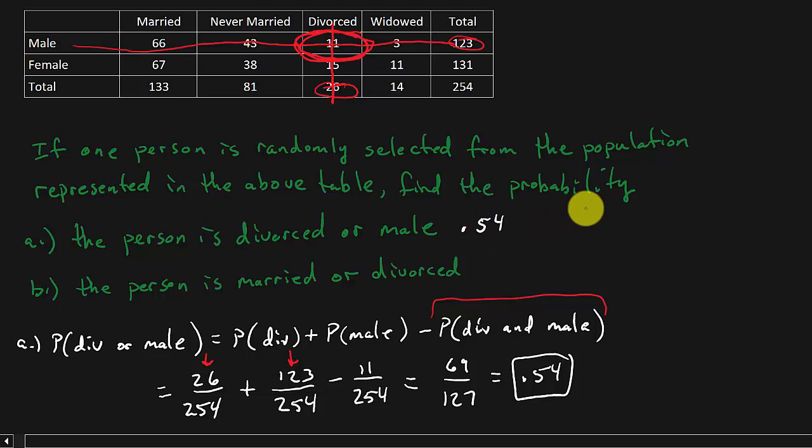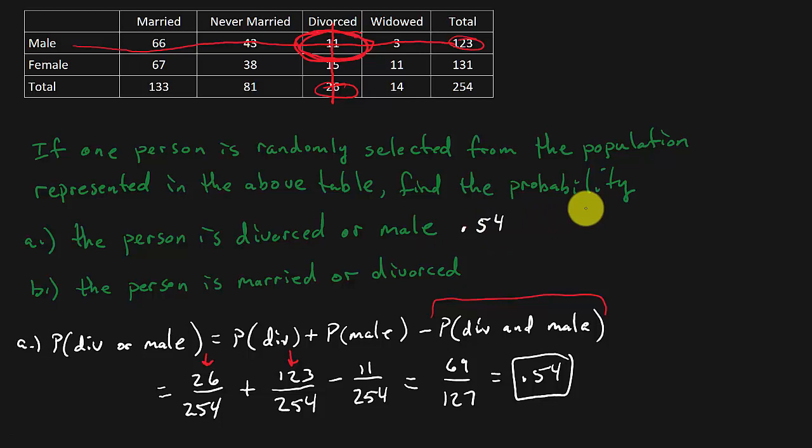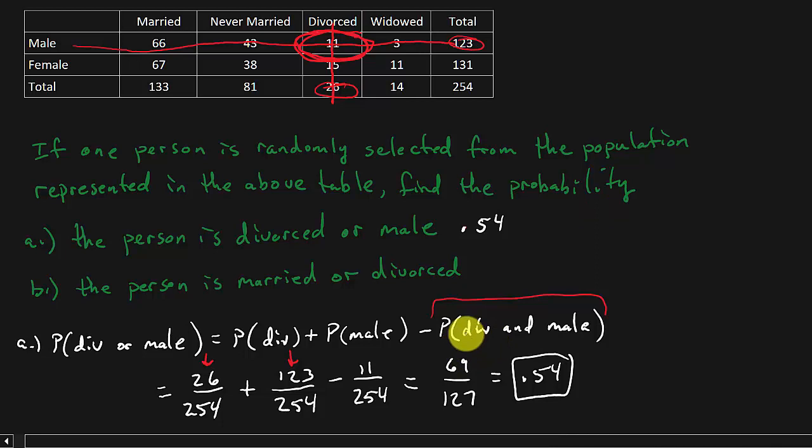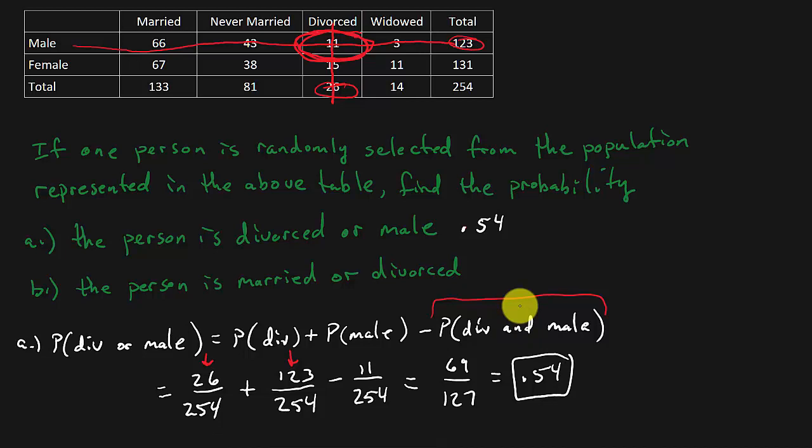So now, how do you know when to put this and when not to put it? Well, as far as putting the and in there, you can put it in there every time. You cannot go wrong putting it in the formula.